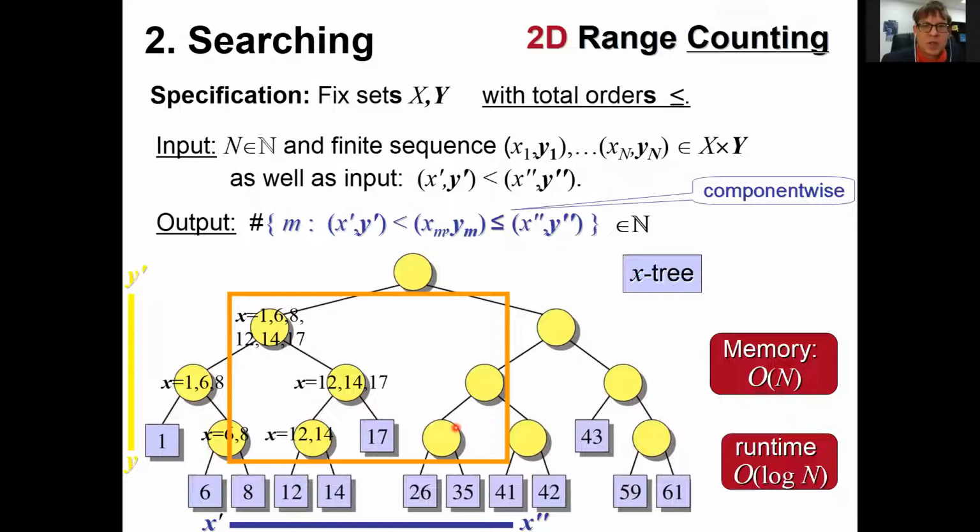So that trivial algorithm is prohibitive from the perspective of efficiency when we want to get lower than linear time. So how do we proceed in this case?